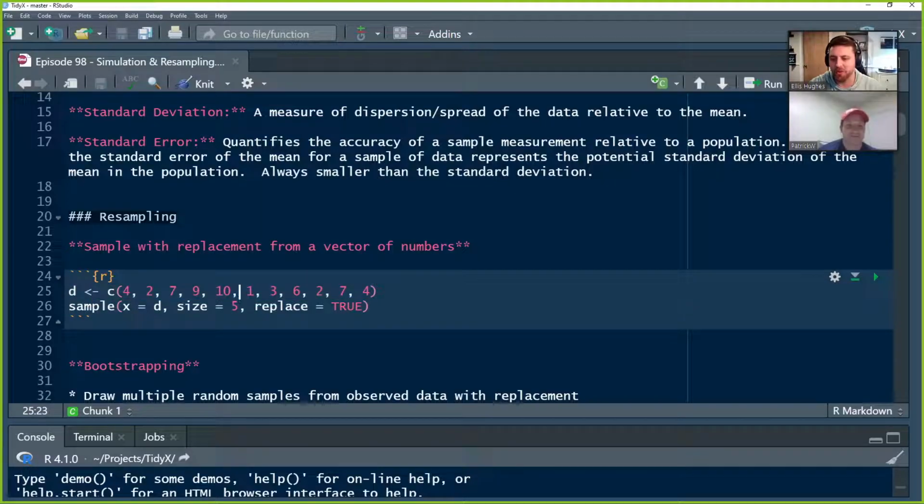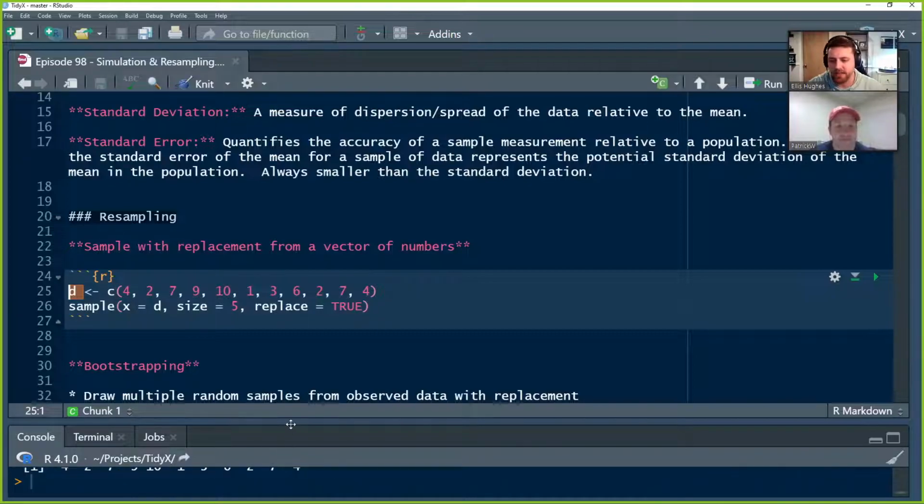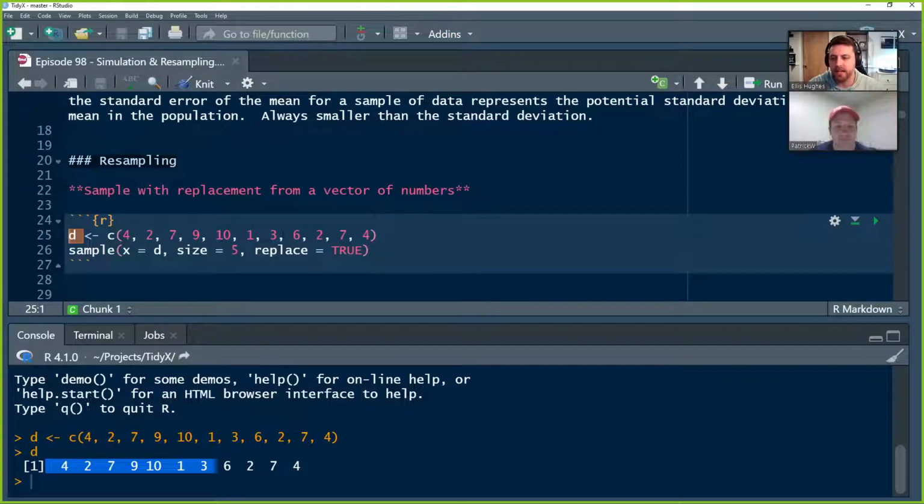So the sample function. We're going to start out with a normal numeric vector of some random values that we just picked out of a hat. 4, 2, 7, blah. And so we generate this. We now have D. So this is now a numeric vector that exists. And we're going to use the sample function to do this. So sample can take in an x, which is a vector, a size, which is indicating the number of samples that we want to pull from it, and replace is saying, well, you can pick from the same spot, or you can repick the same value, or not.